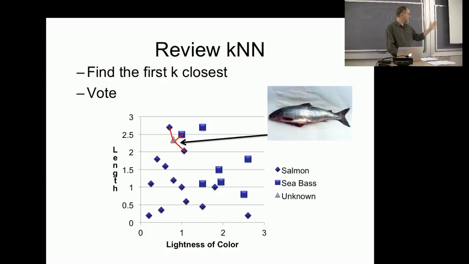So we can get a distance to all these samples. We pick the closest k, in this case it was 3, and then we vote on which one is the majority nearby classification. In this case, there are 2 diamonds and 1 square, and diamond means salmon, so we're saying this unknown thing is a salmon. All right?